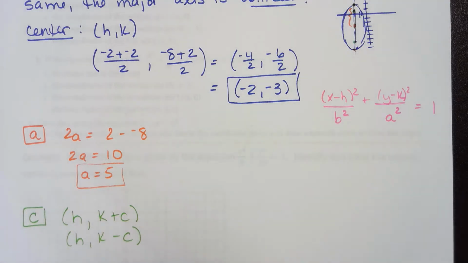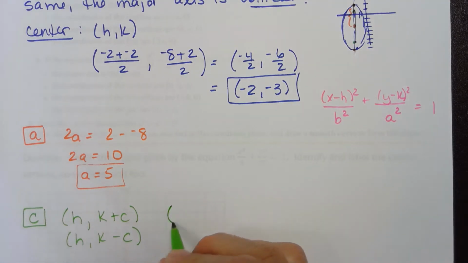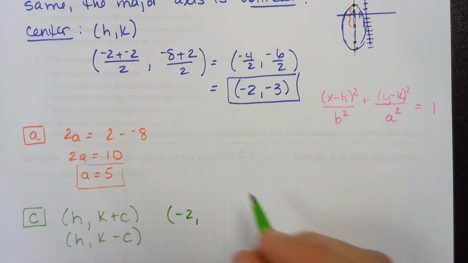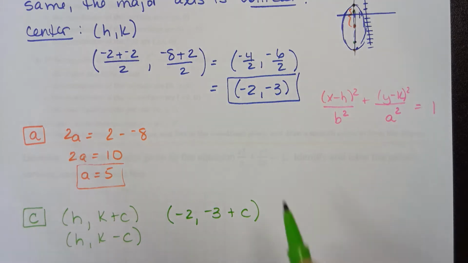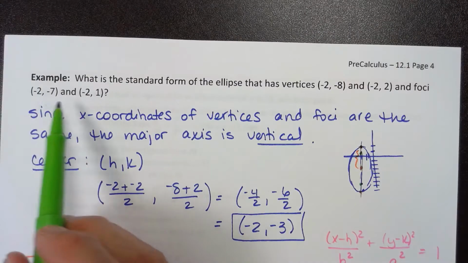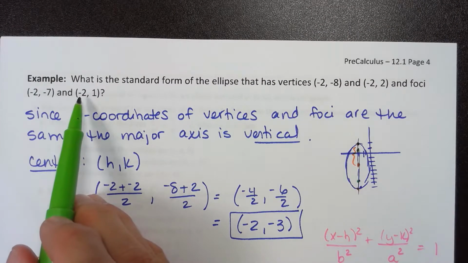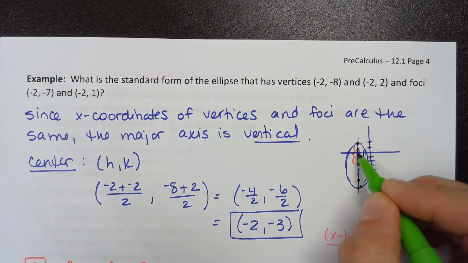So how does this work? We have our center (h, k), so we have -2, and then k plus c, that's -3 plus c. Well, this has to be one of these coordinates, right? (-2, 1) would be here, and (-2, -7) would be here.